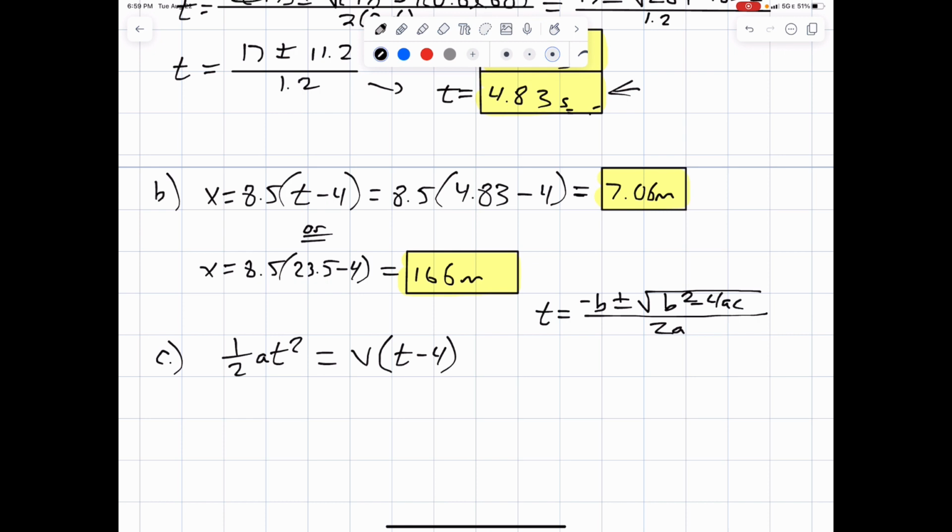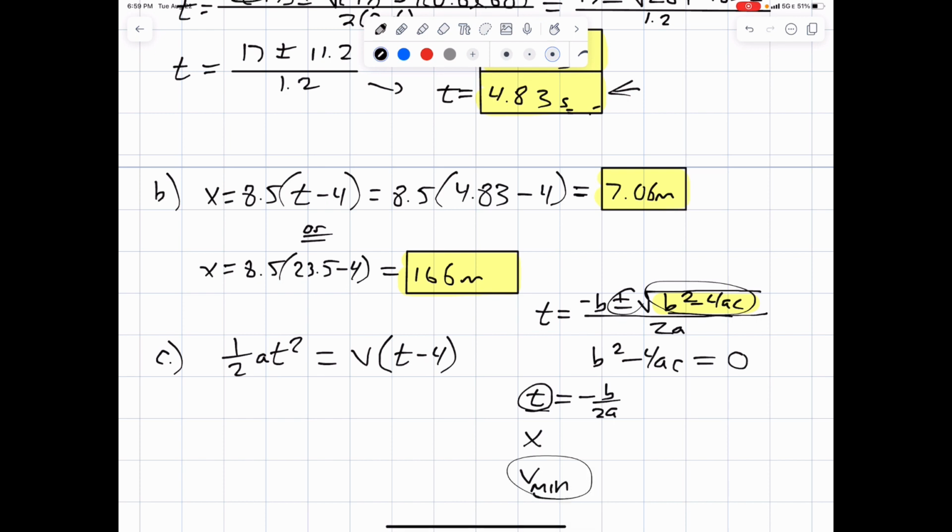If this whole quantity under the radical, which is called the discriminant, b squared minus 4ac, equals 0, then what does that mean? That means you don't have a radical anymore. That means you don't have a plus or minus. You just simply have t equals negative b over 2a, which is one time, one position, and therefore one minimum velocity. That's what we're looking for.